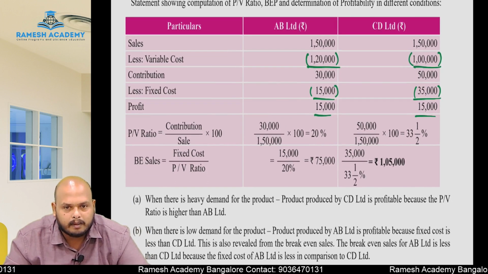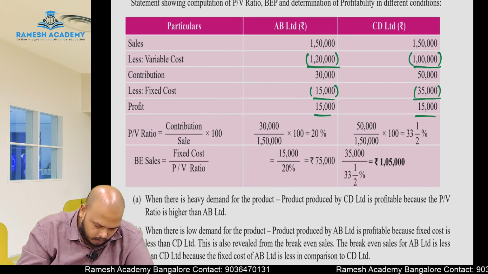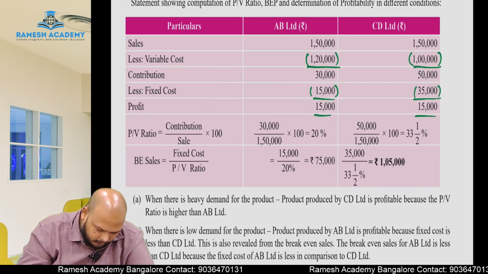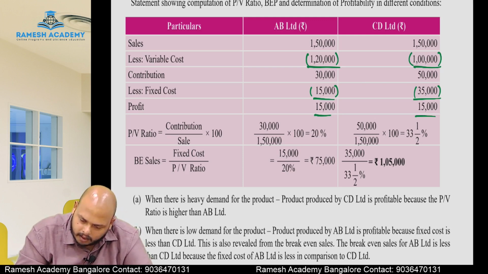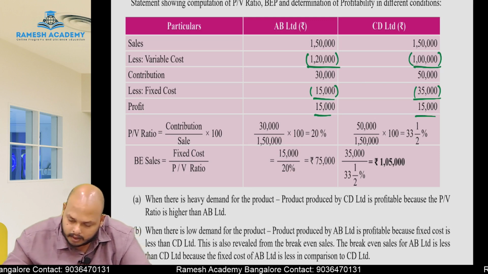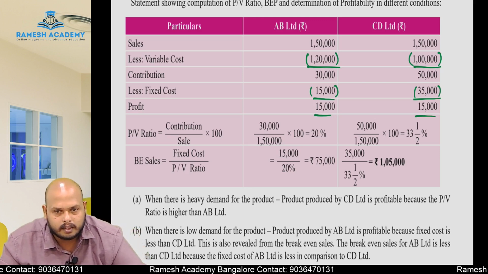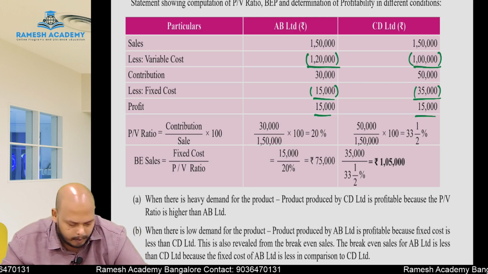Next he calculated the PV ratio. PV ratio equals contribution 30,000 divided by 1,50,000 into 100, that is 20%. There it is 50,000 by 1,50,000 into 100, that is 33.33%. Next, break-even sales equals fixed cost divided by PV ratio.